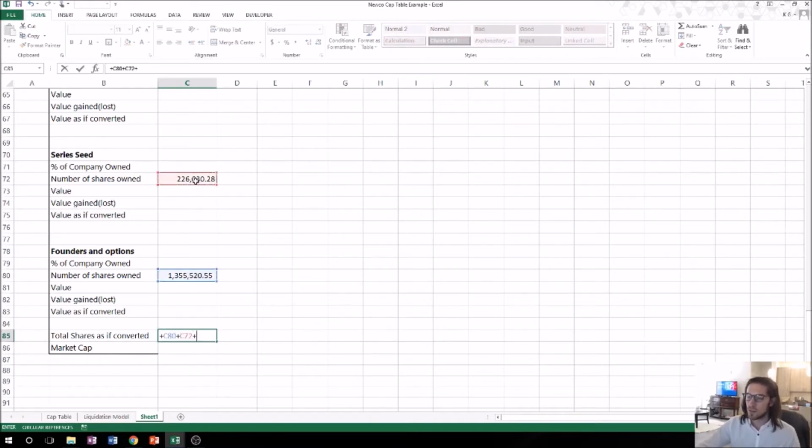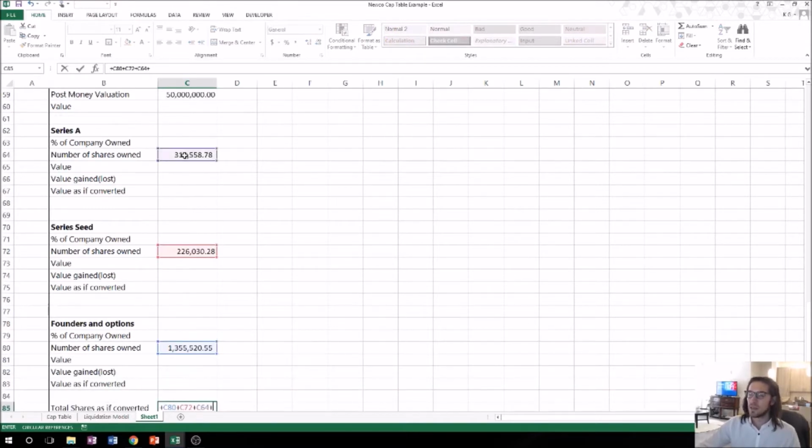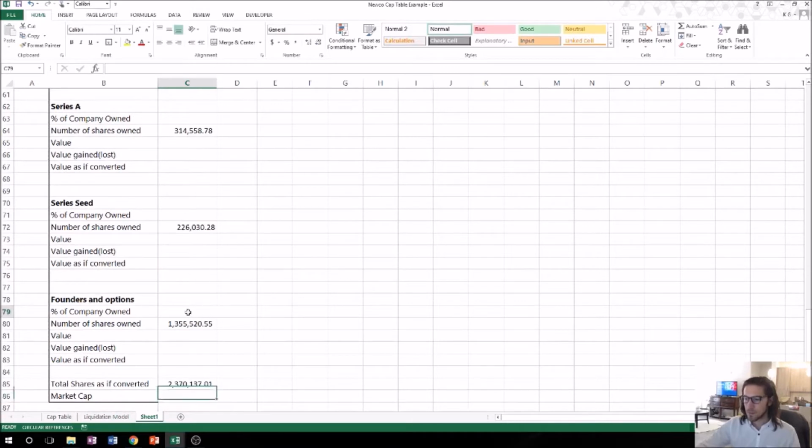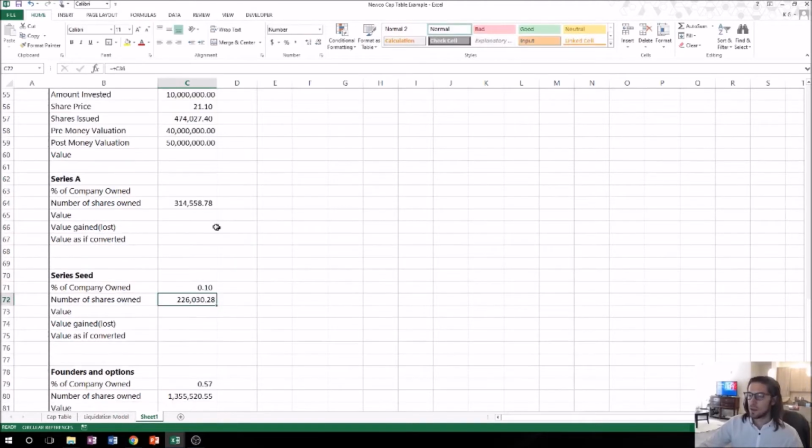So founders and options, Series Seed shares, Series A shares, and the shares just issued to the Series B. We'll come back in and do the ownership for each of them. So that's just the number of shares owned divided by the total shares outstanding. That's going to be the same for all of them.